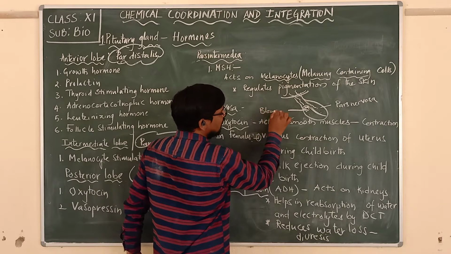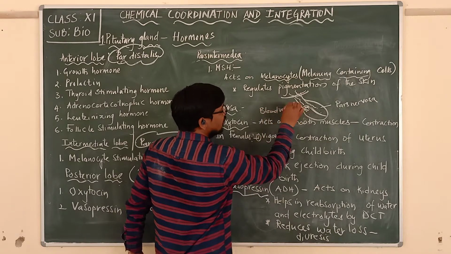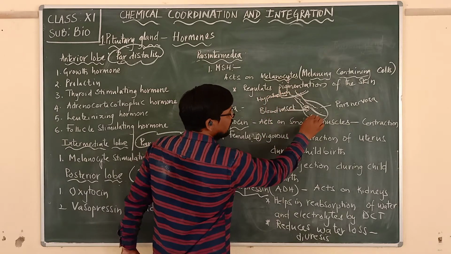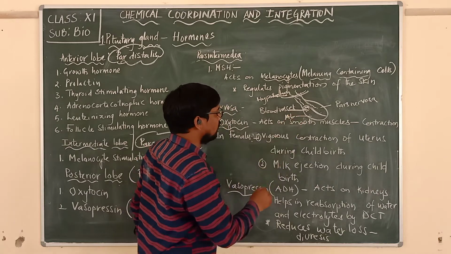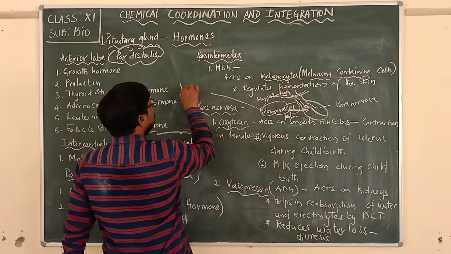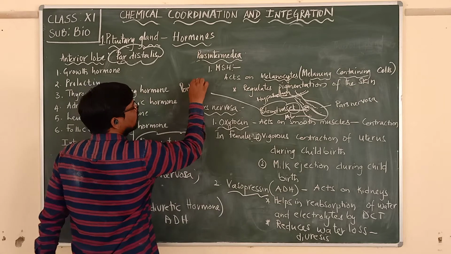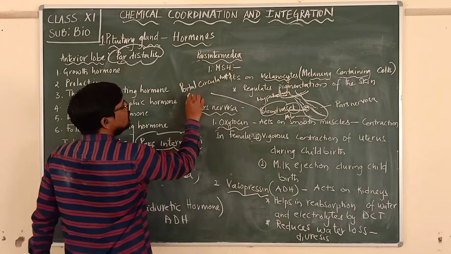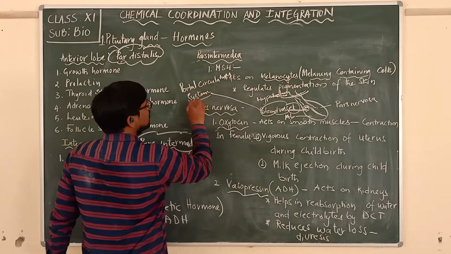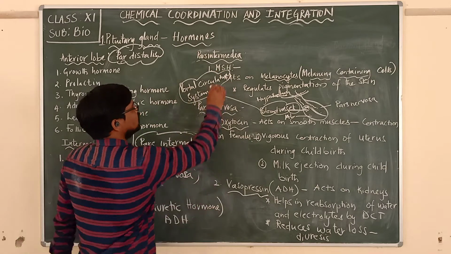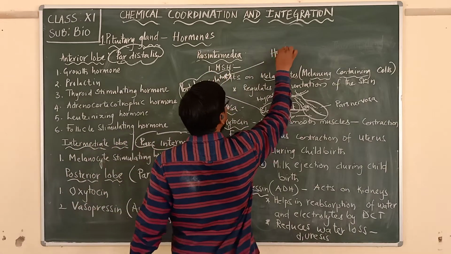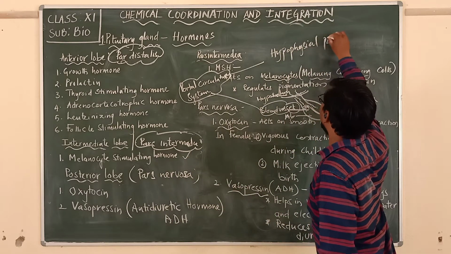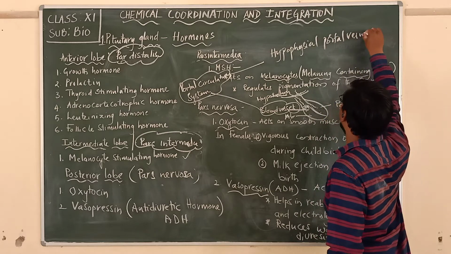These blood vessels connecting the hypothalamus and the anterior lobe of the pituitary gland form the portal circulatory system, or otherwise we can also call this the hypophyseal portal veins.